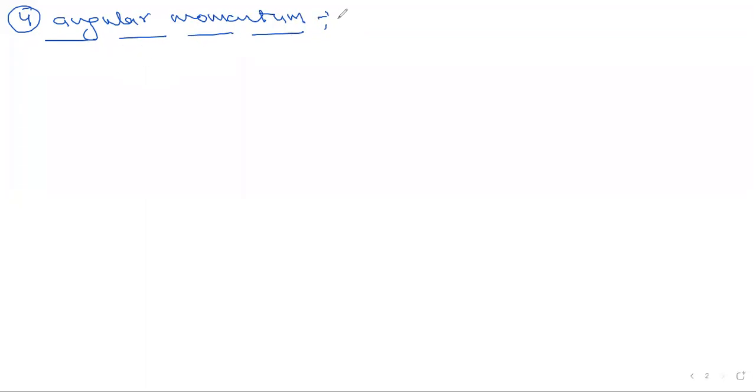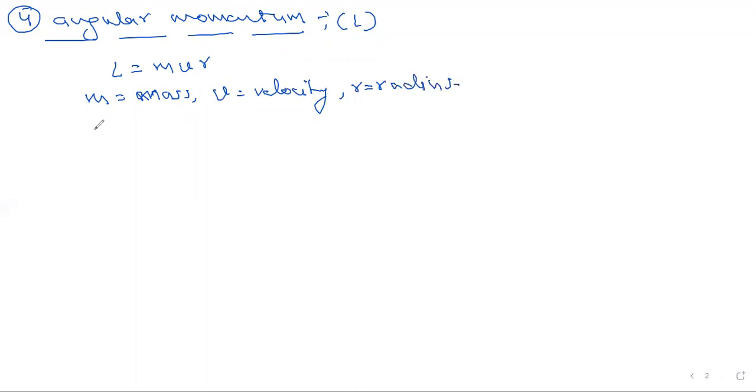This is represented as capital L, and this L is given by mvr. m is the mass, v is the velocity, and r is the radius or the distance. So the dimension of L will be mass, LT⁻¹, into L. This is ML²T⁻¹.